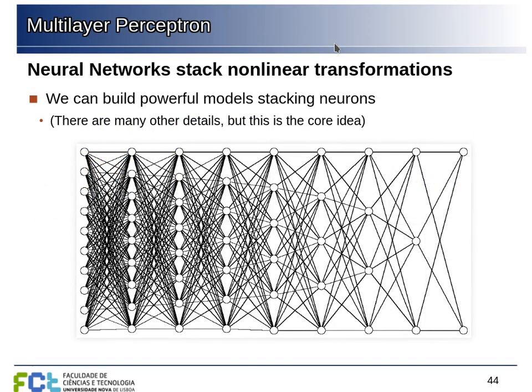So this way we can build powerful models by stacking many neurons. There are other architectures, other details, but this is the general idea. We keep stacking networks, connecting them fully to each other, and then eventually we have something that is powerful enough to solve the problems that we want to solve.